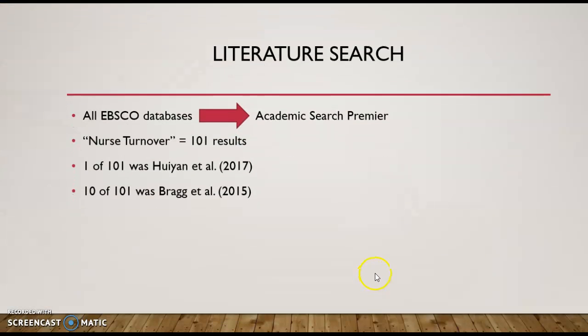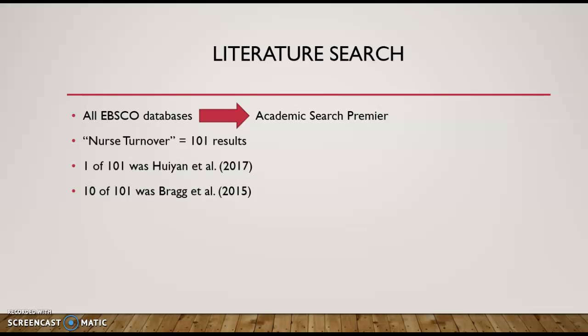Some difficulty was had trying to search for those primary sources, so another database was utilized, Academic Search Premier. The search term was nurse turnover, which resulted in 101 articles.